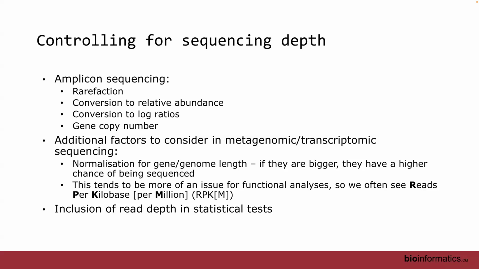Essentially, as John said, if either a gene or a genome is bigger, then there's a higher chance that they're going to be sequenced. So we're often looking at reads per kilobase per million, possibly. But in metagenomics we don't always want to normalize in the same way as the per million. Sometimes we might just include the read depth as a confounder in our statistical tests.